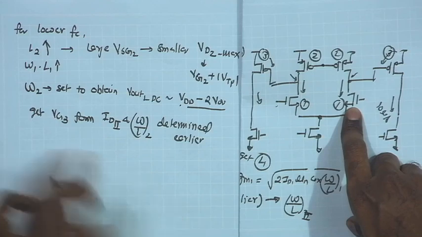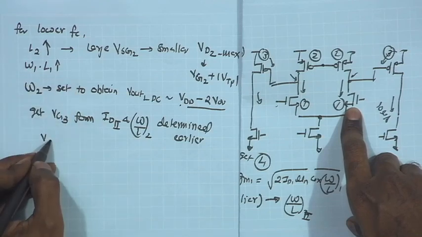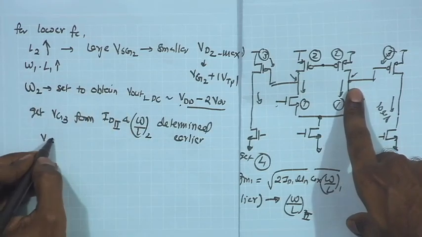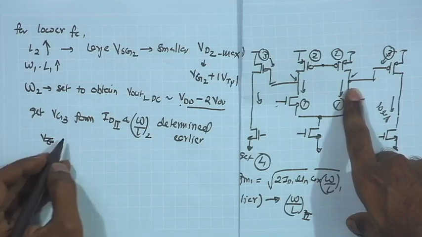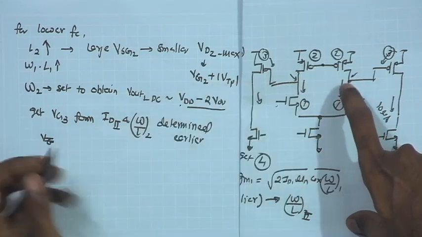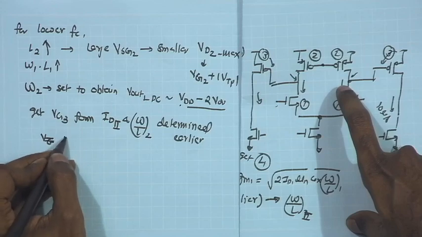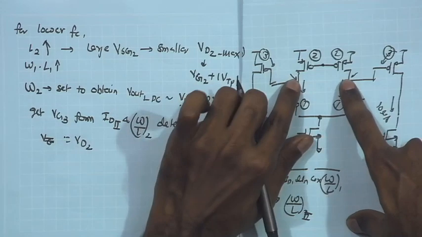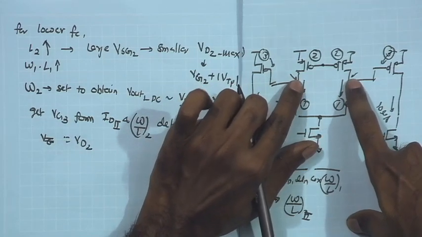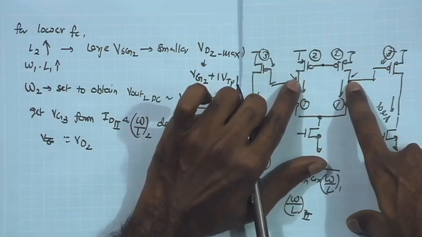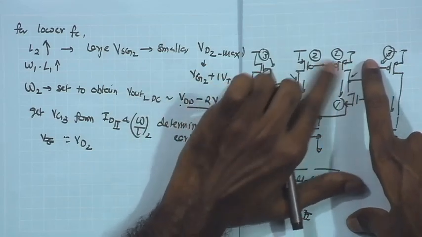And once you have that, then basically we have the VD3, VD2 required. So, we have this VG3 equal to the VD2, and corresponding to that, I would like to make sure that this VD2 is not too high for the M2.